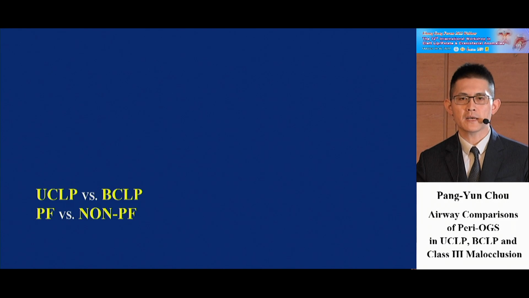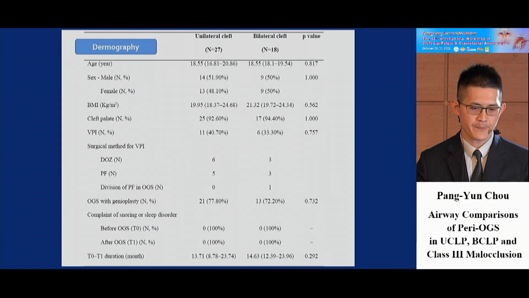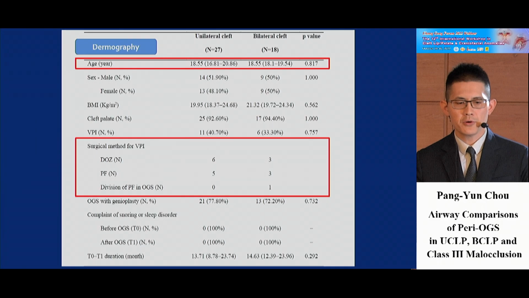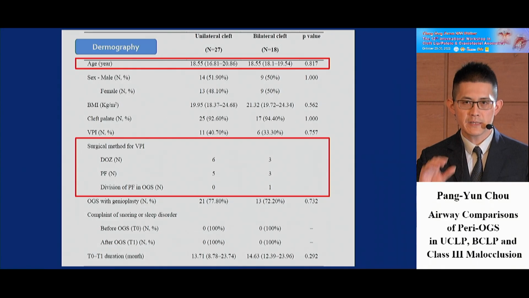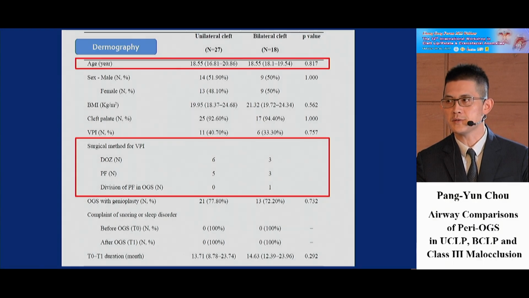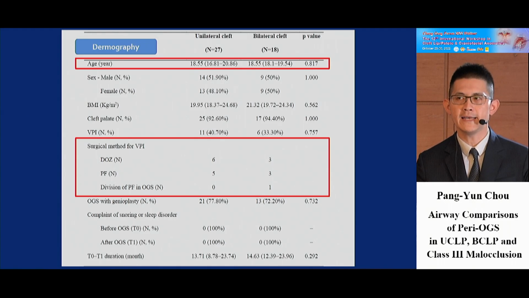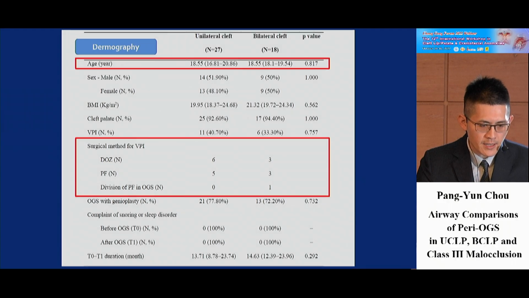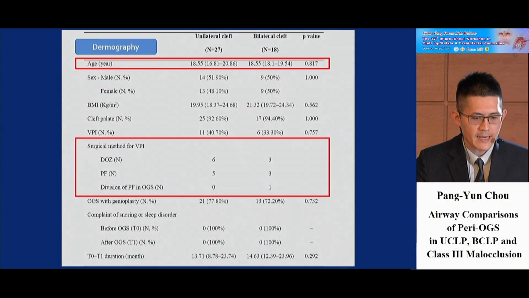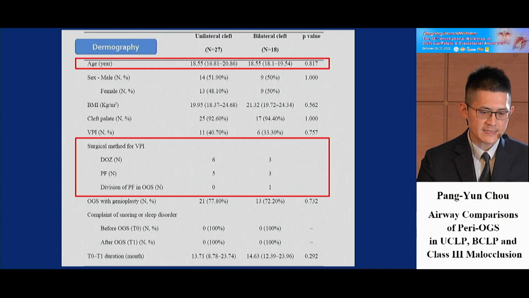So in the first comparison of the UCLP and the BCLP, and within the UCLP with and without the pharyngeal flap, the two groups have similar case numbers, and all the patients received orthognathic surgery at a similar age, around 18 to 19. The patients who received surgery to treat the BPI are listed in our table.